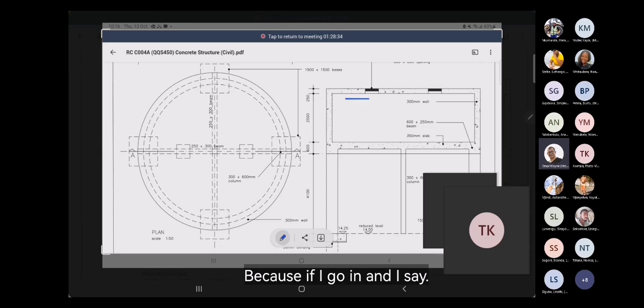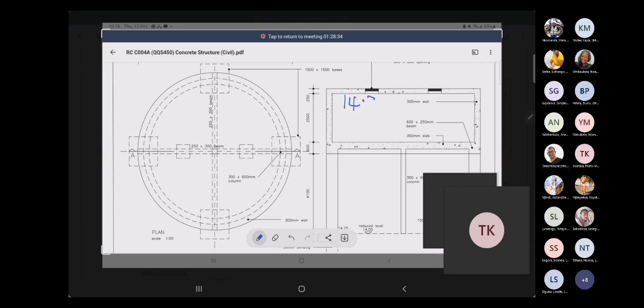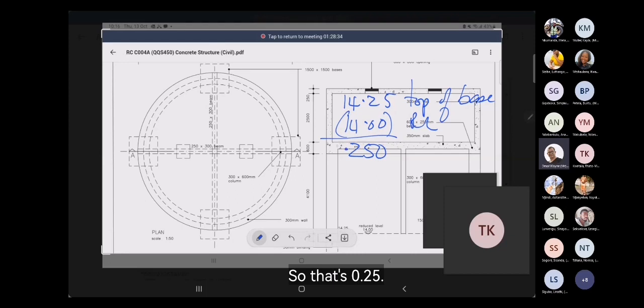Because if I go in and I say 14.25, what is that? For my base, and I have... so that's 0.25. Okay?